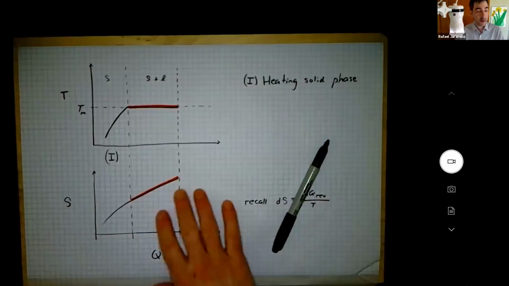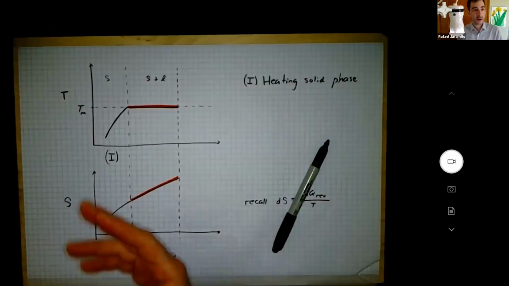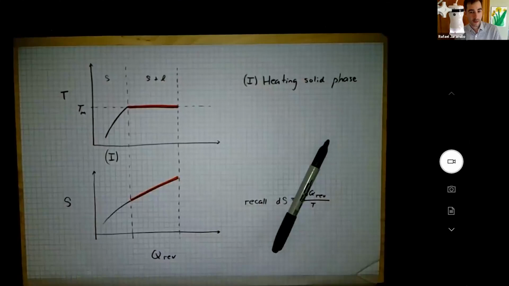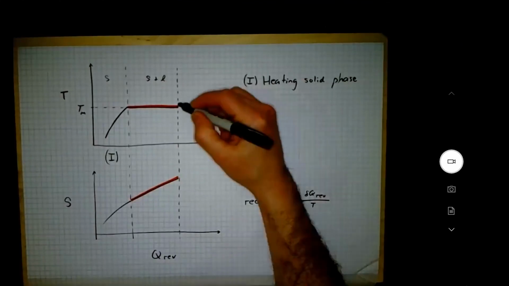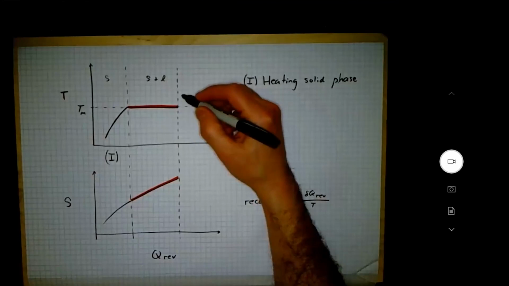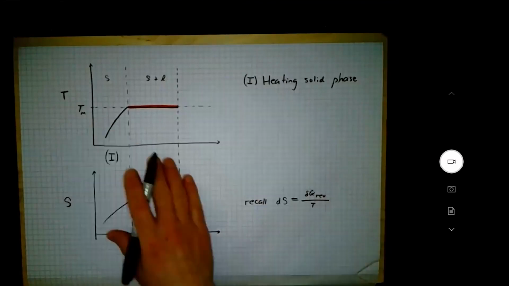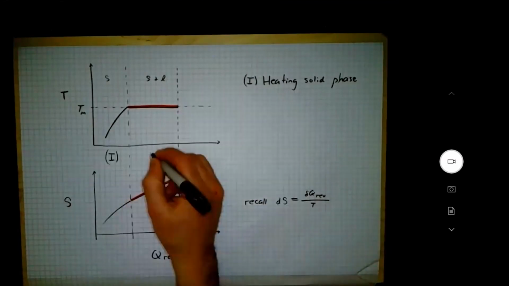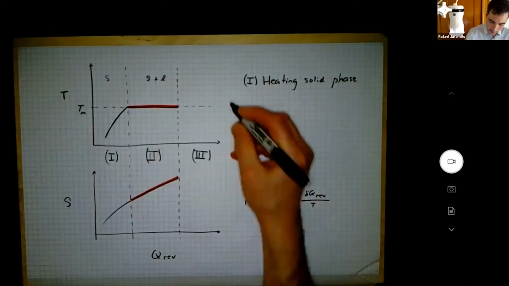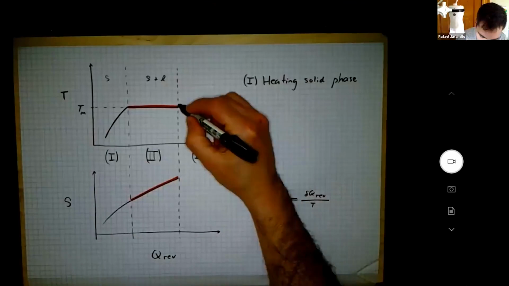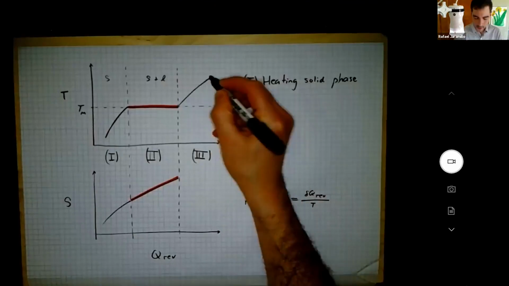Good. Now, all right, great. We have melted all the solid, and let's keep on heating the system. What's going to happen now? So it would kind of look similar to when we were in phase 1, but I think the slope would increase. Let's see. We're going to be back in this kind of a regime.